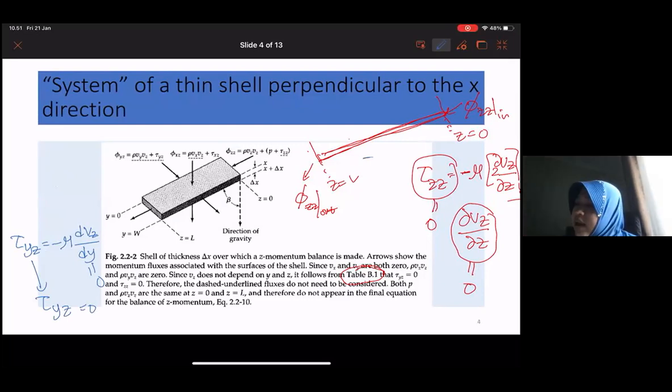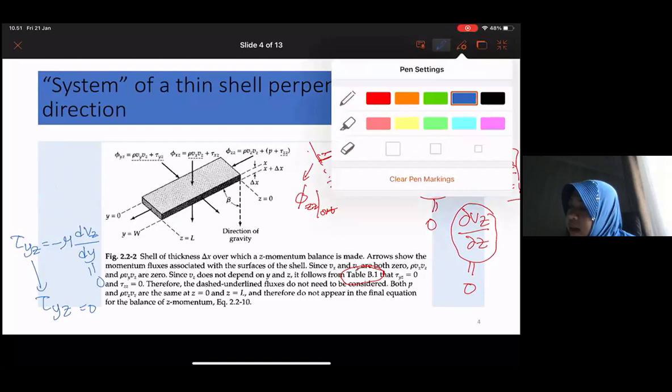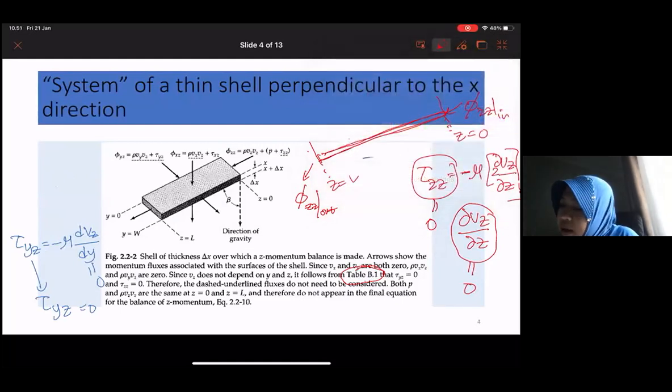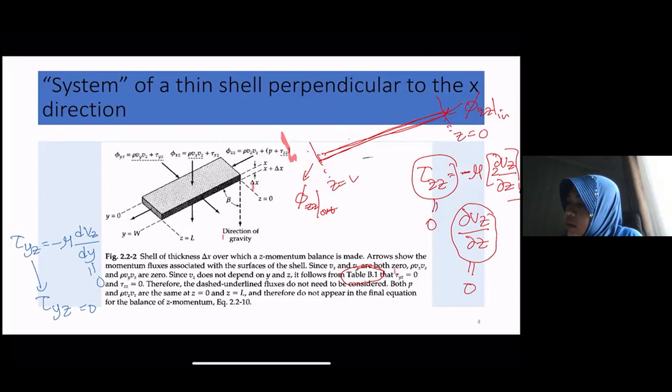Okay. So if you think about it here, there would be some components that actually cancel out, that would be equal to 0. So can you try which one is equal to 0? For example, tau zz. Is it 0? This one, yeah.